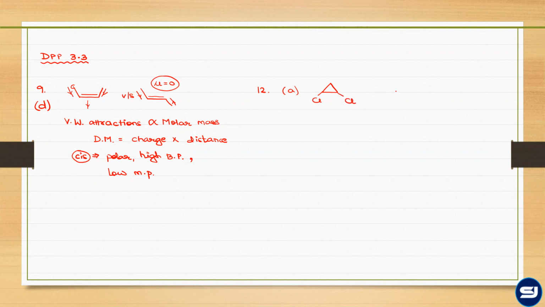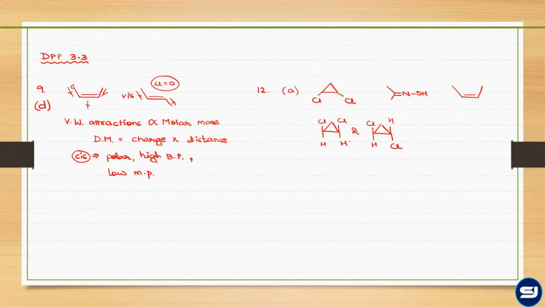Will it show GI? 1,2-disubstituted cyclopropane, does it show GI or not? We can have the chlorine lying on the same side and the chlorine atoms lying on the opposite side. Definitely here we have cis and trans possible.